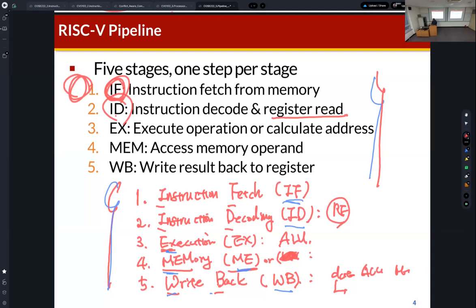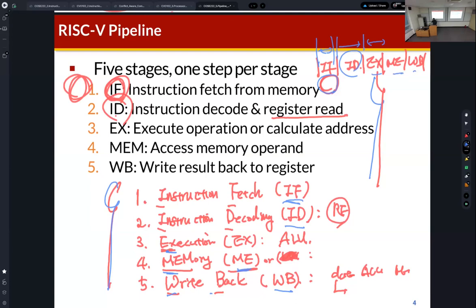We can split the steps for executing instructions into 5 stages: instruction fetch, ID, execution, memory, and write back. And we assign a single clock cycle for each step: one clock cycle for instruction fetch, another for instruction decoding, the next for execution, and then memory and write back.